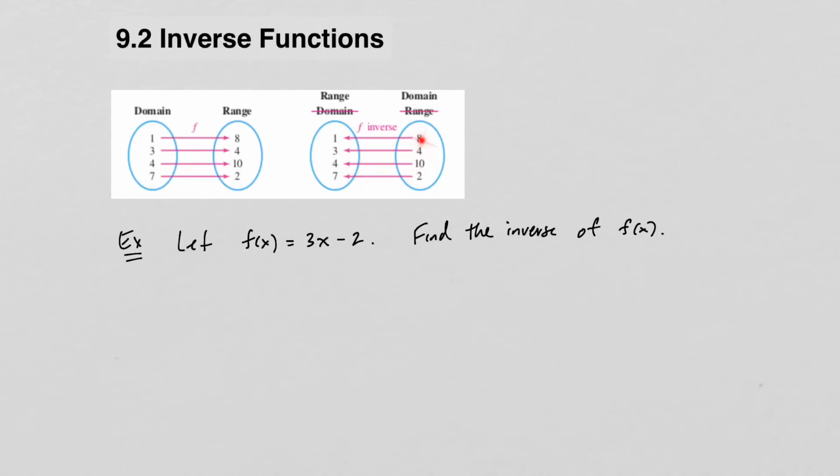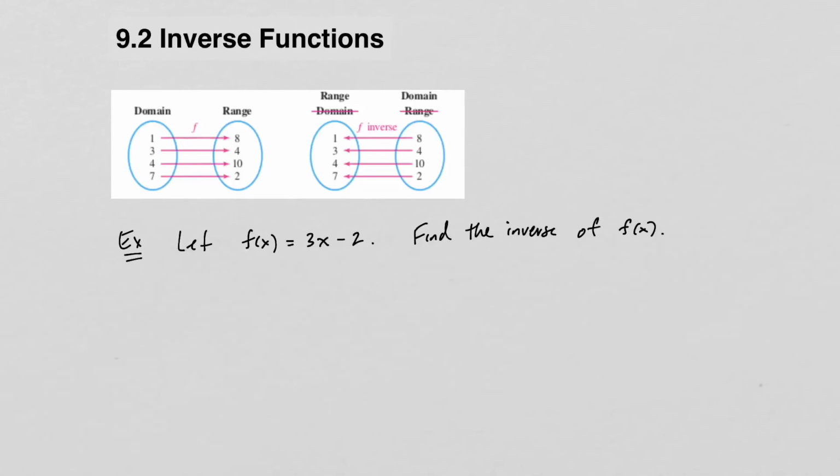So the number 8, this would be x equals 8 now, turns into the number y equals 1. X equals 4 turns into y equals 3, etc. So we need a function that will do this because, as you know, just from working with computers, undoing things is very important. Of course, you want to be able to do things, but when you make a mistake, you want to be able to undo those things.